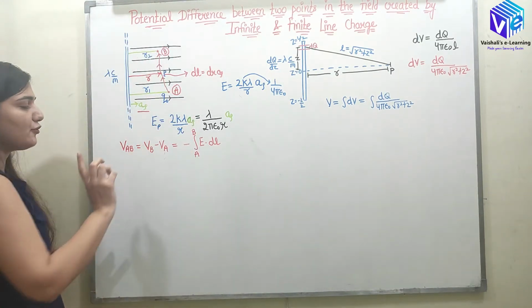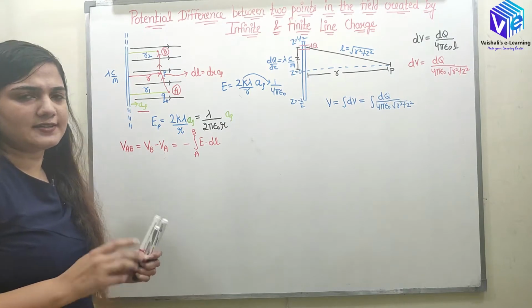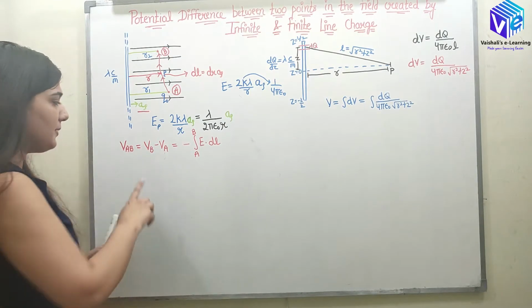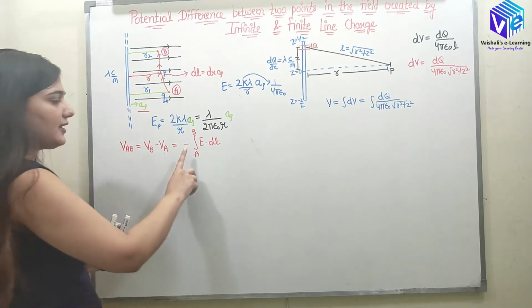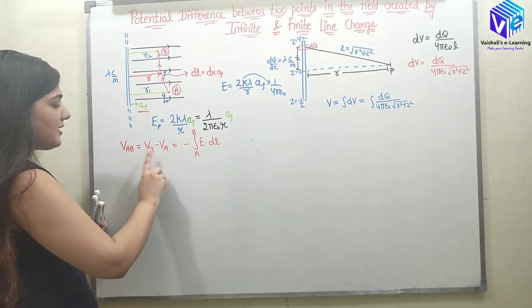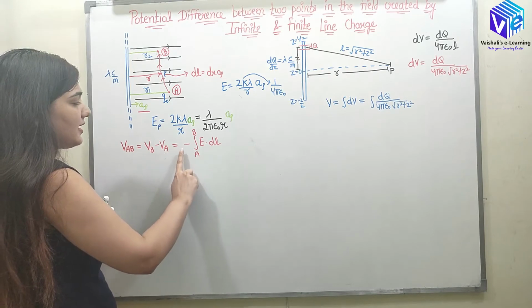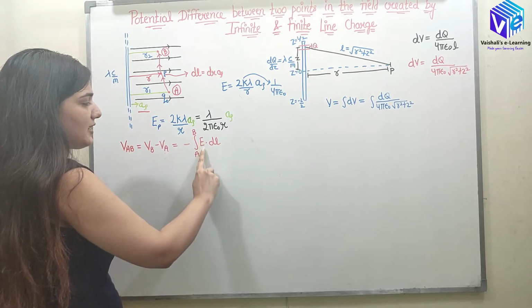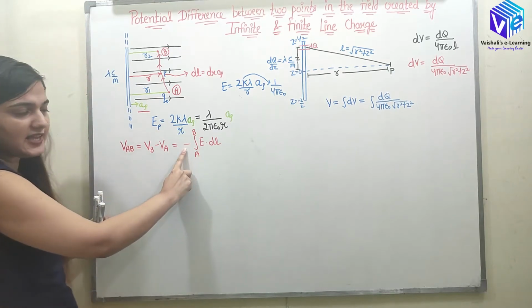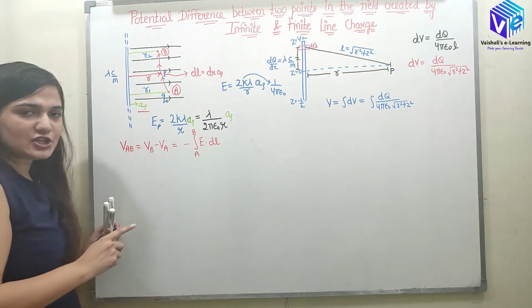Now I have to find the potential difference. I know the relationship between the potential difference and the electric field, and I have also derived this formula. VAB is equal to VB minus VA, which is equal to the integration from A to B of E dot dl, with a negative sign. So this is my potential difference.